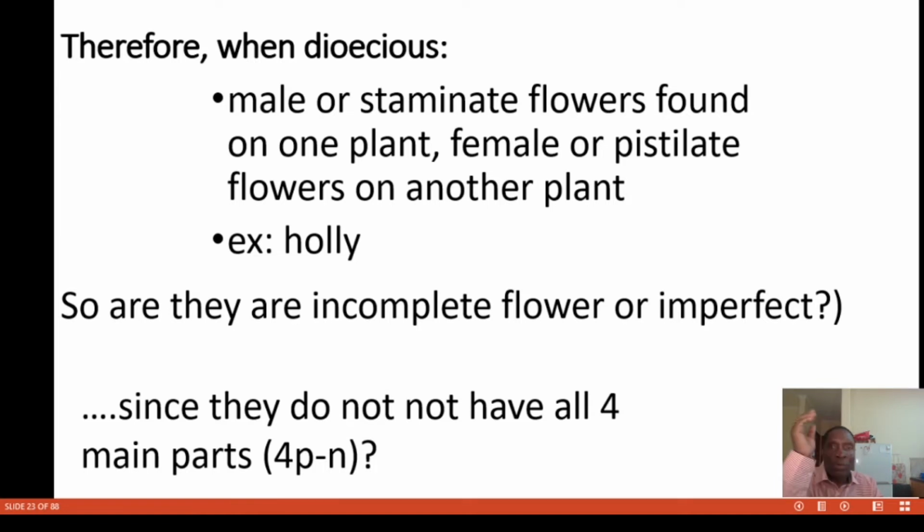But we know that the male or staminate flowers found on one plant, female or pistillate flowers on another plant, like in this species, are incomplete. Are they imperfect? Probably yes, since they do not have all the four main parts.